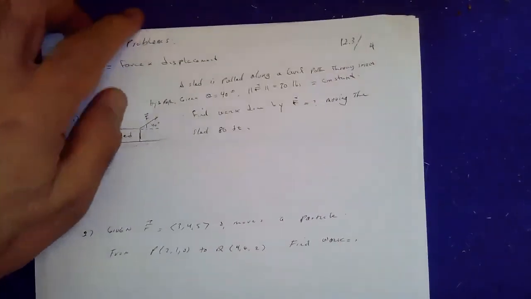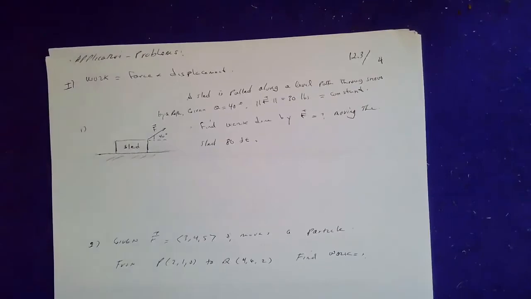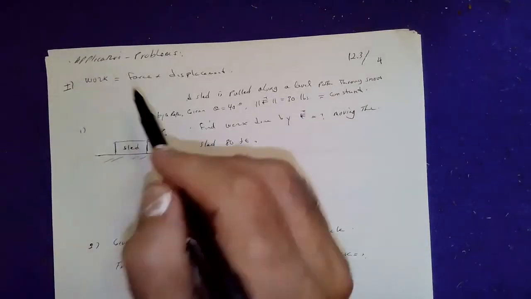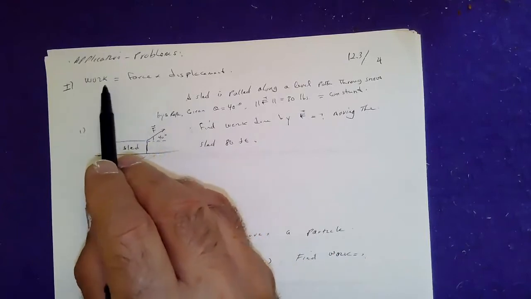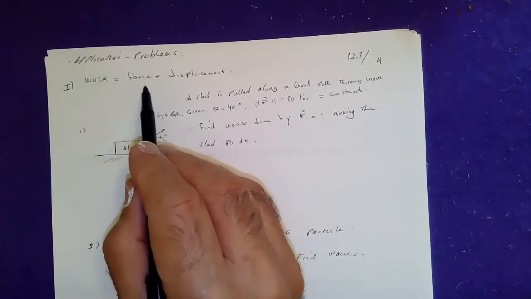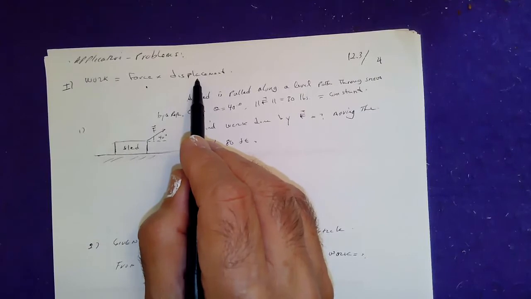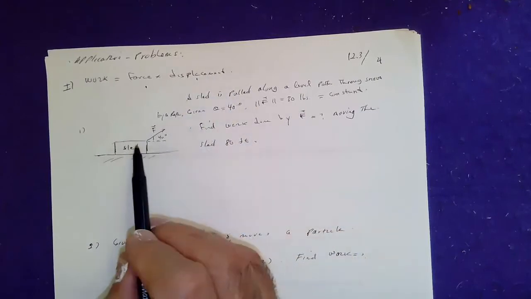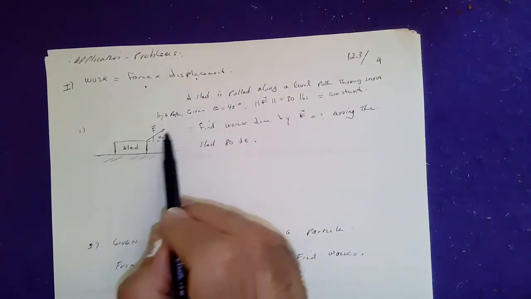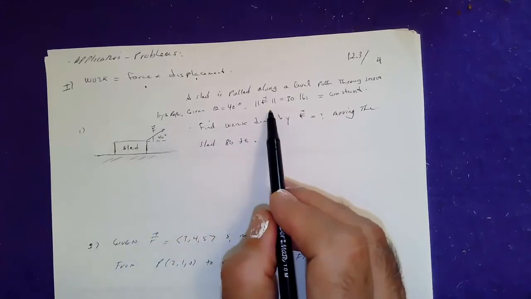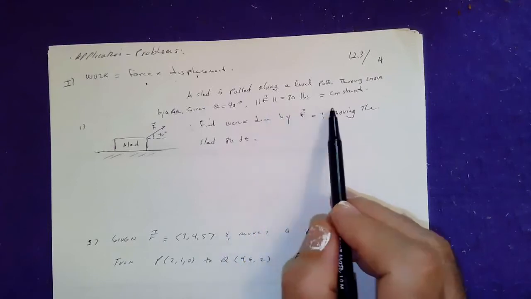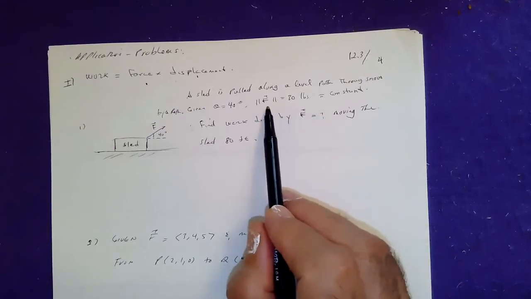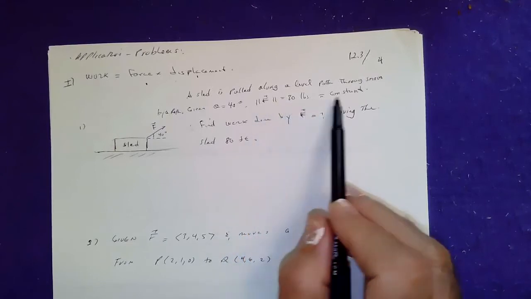So now let's take a look at some applications. One of the applications we like to work with is work, which is defined as force times displacement. So here's the deal. You have a sled pulled by a rope with 30 pounds of force. That's the magnitude of the force, not the force itself, and it's constant.